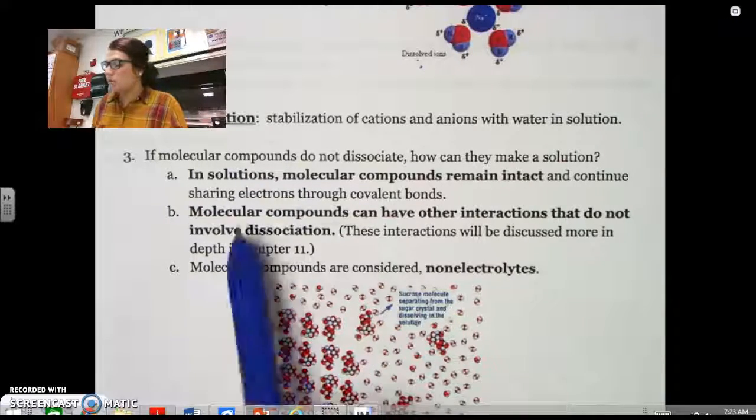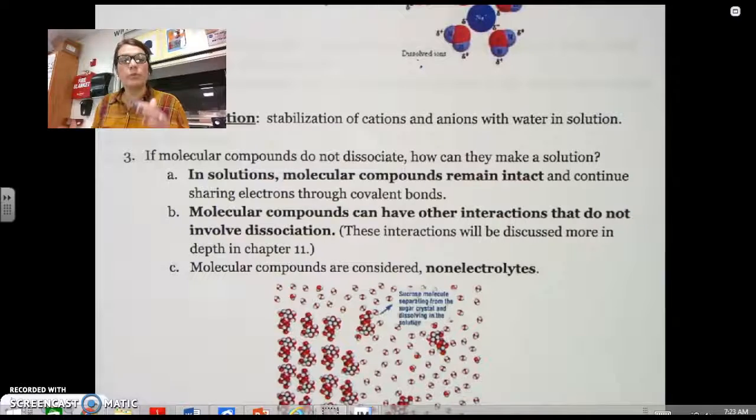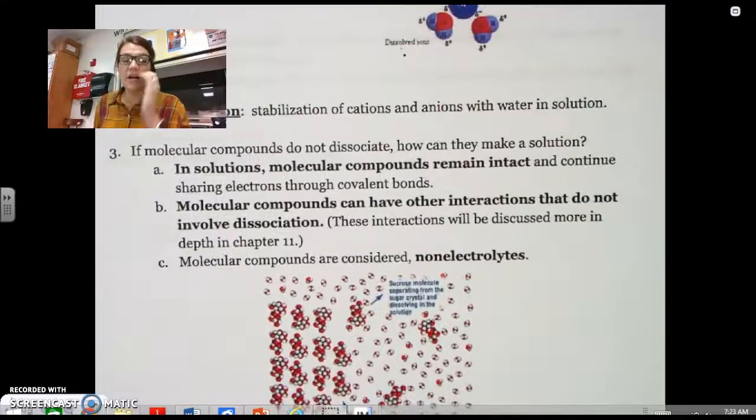So in solutions, molecular compounds will remain intact and continue to share electrons through covalent bonding. So they're not going to break apart. Molecular compounds can have other interactions that do not involve dissociation, and we'll get into these interactions when we get into Chapter 11. But for now, all I need you to know is that molecular compounds are considered non-electrolytes because they don't break apart.